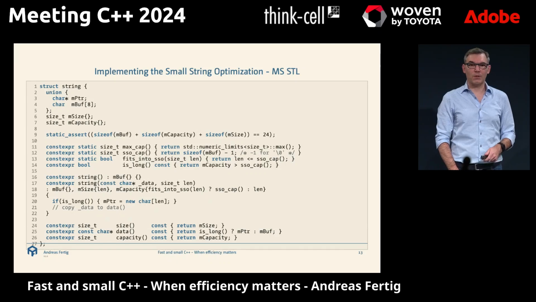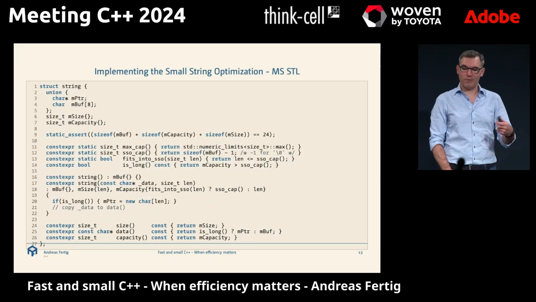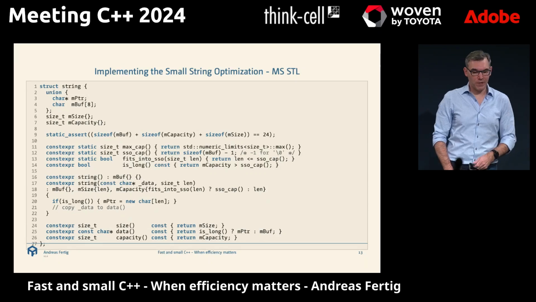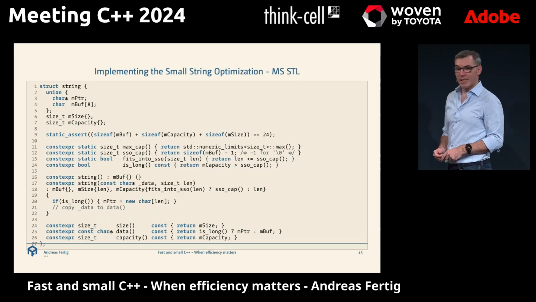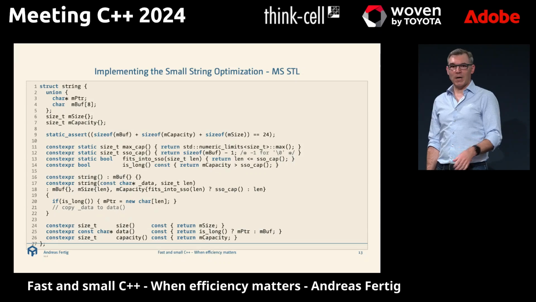And in the constructor's body, now we have to query once again, does it fit into SSO? If so, we do nothing, but if not, we have to allocate dynamic memory. And of course, we have to copy the data as before. So two different implementations, they both yield 7 bytes of payload, right? Summing up to 24 bytes in total.